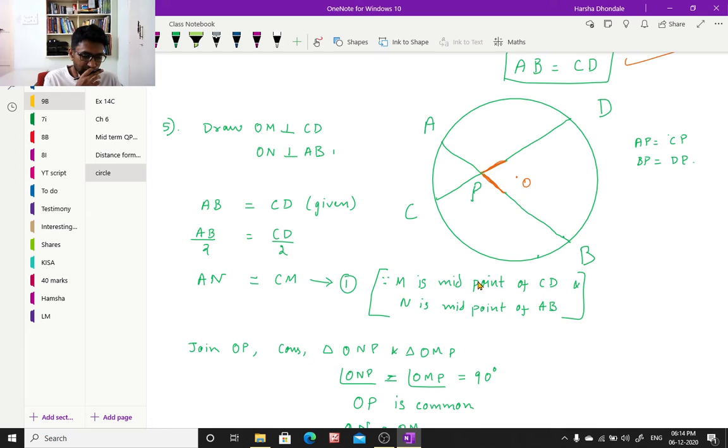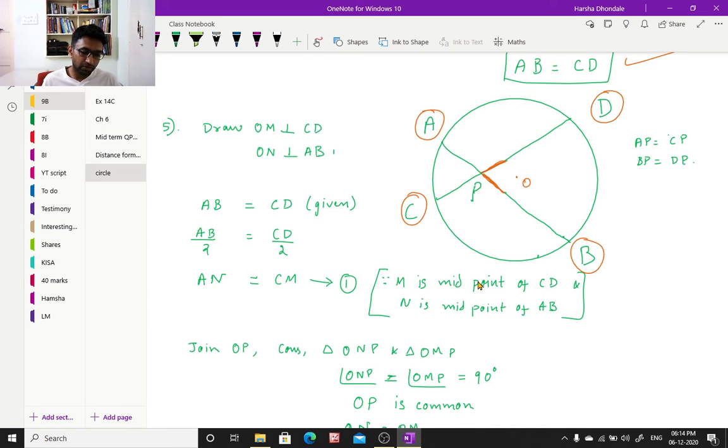Two equal chords AB and CD of a circle with center O intersect each other at the point P inside the circle. Prove that this is equal to this and this is equal to this. Two equal chords AB and CD, so AB and CD are equal length chords.